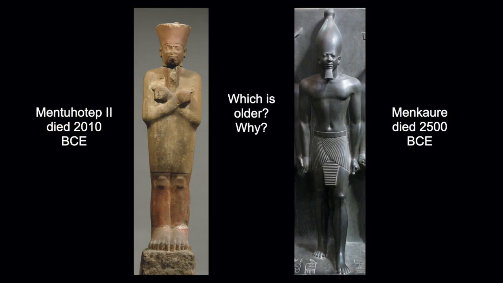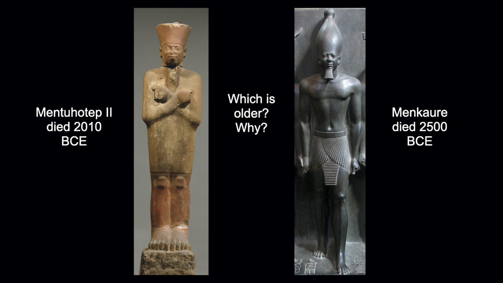So Mentuhotep here on the left is actually newer than Menkaure on the right. And Mentuhotep is built in the Theban style, and Menkaure is in the Memphite style. So I basically told you which one is older. It was going to be a trick question. But I still am going to ask you to compare these two.